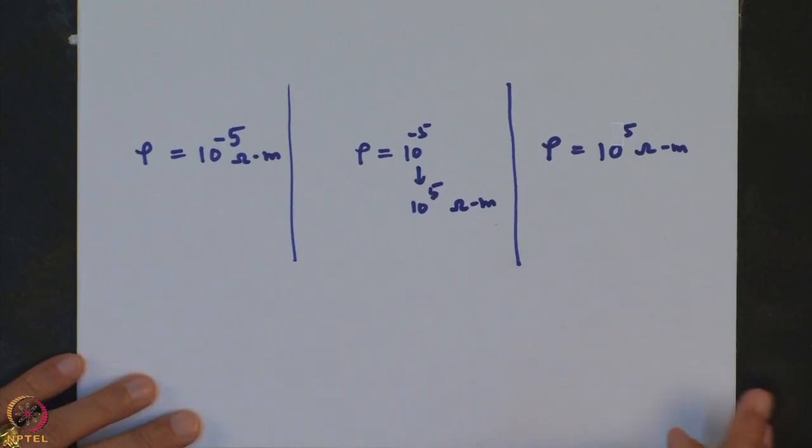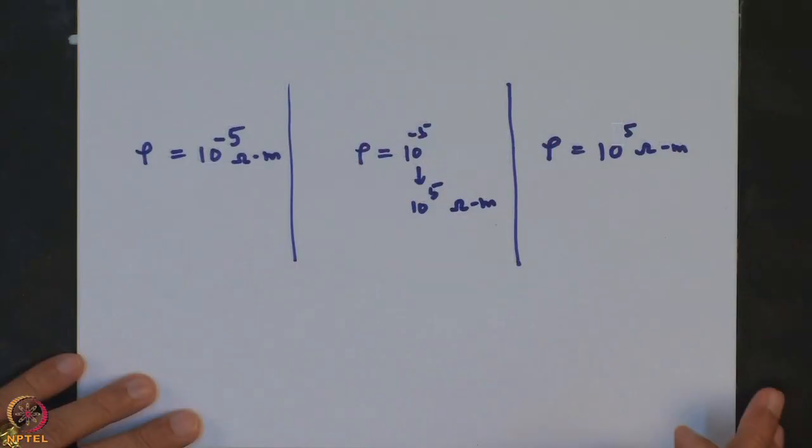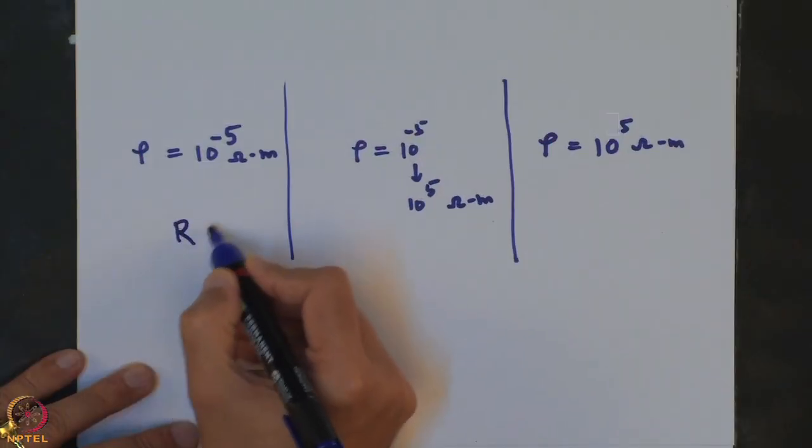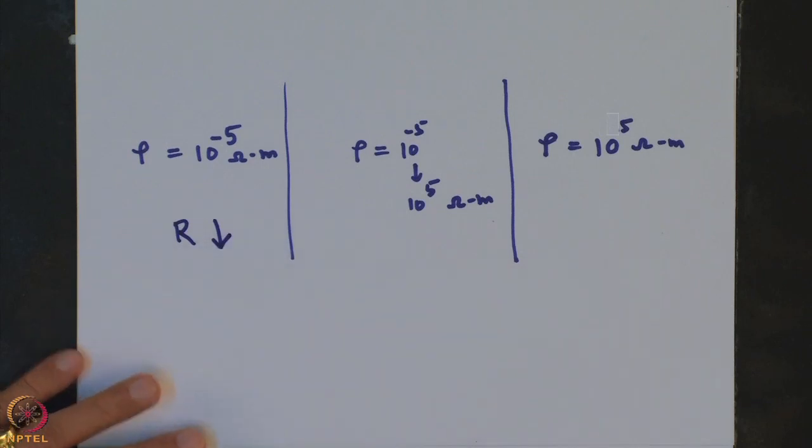So, basically what we see here is that looking at the basic definition of the resistance, any current or any charge carriers that will try to flow through the bar that we have considered in our example, it will see a very low resistance when it is passing through this particular category of solids.